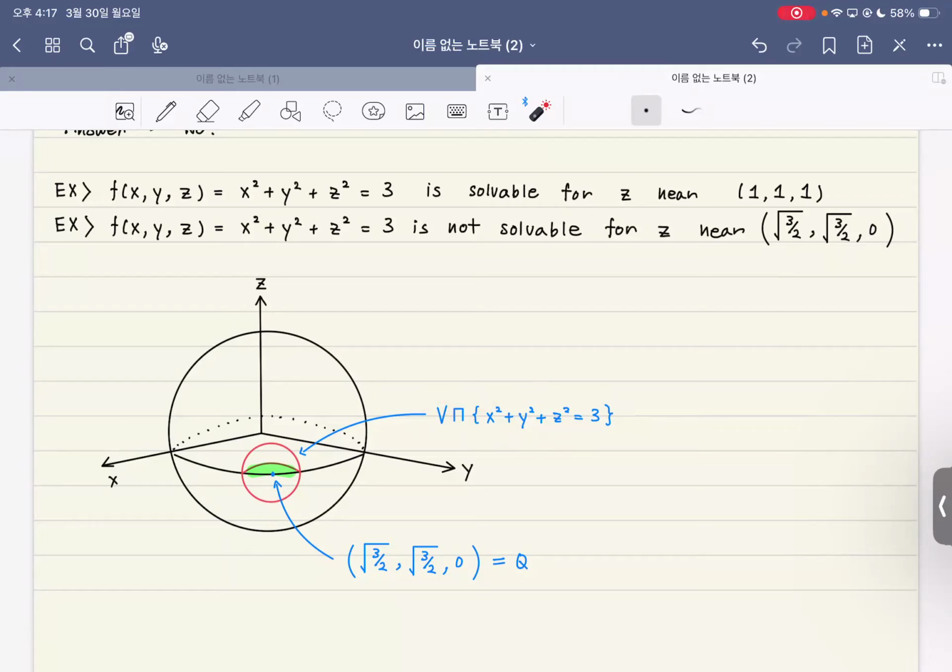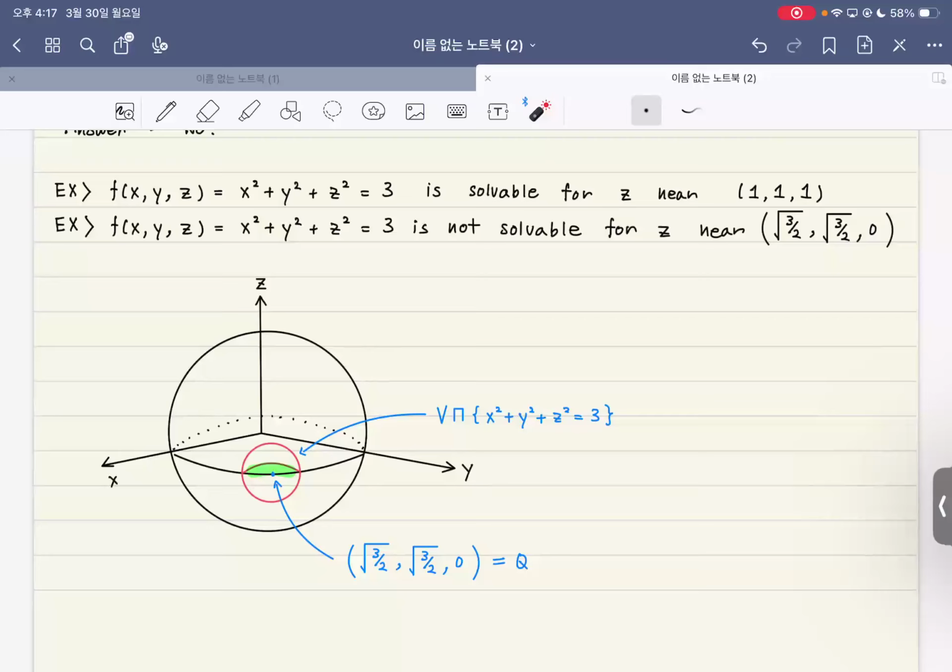So what makes such a difference? I told you that if your graph is something vertical, then it cannot be the graph of any two variable function. But here I want to refine what I mean by your graph being vertical.